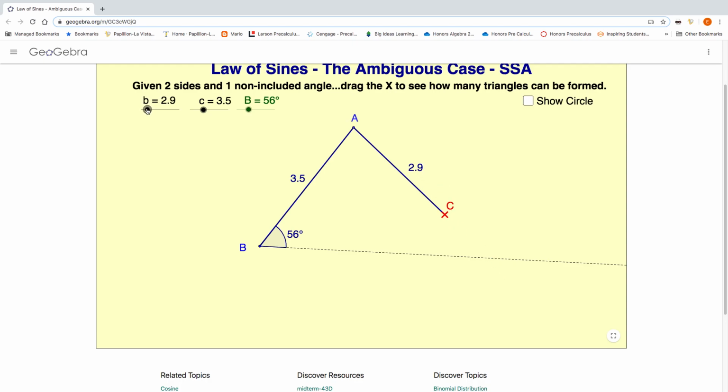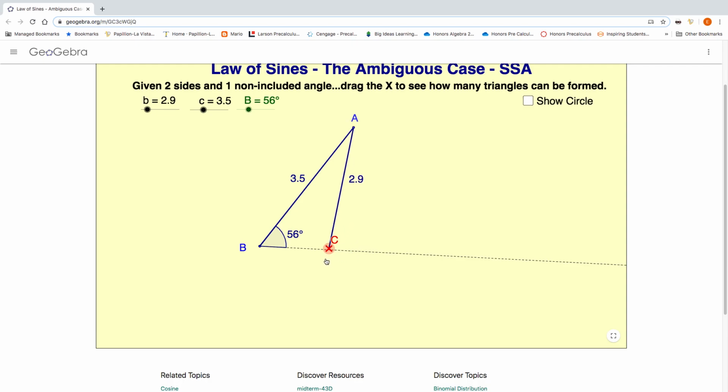I didn't check it this morning, so what did I have it on before? 2.9? Is that too short? Okay, I could close it right there, right? So then I would solve for this angle, solve for this angle, solve for this side. So there's a closed triangle.